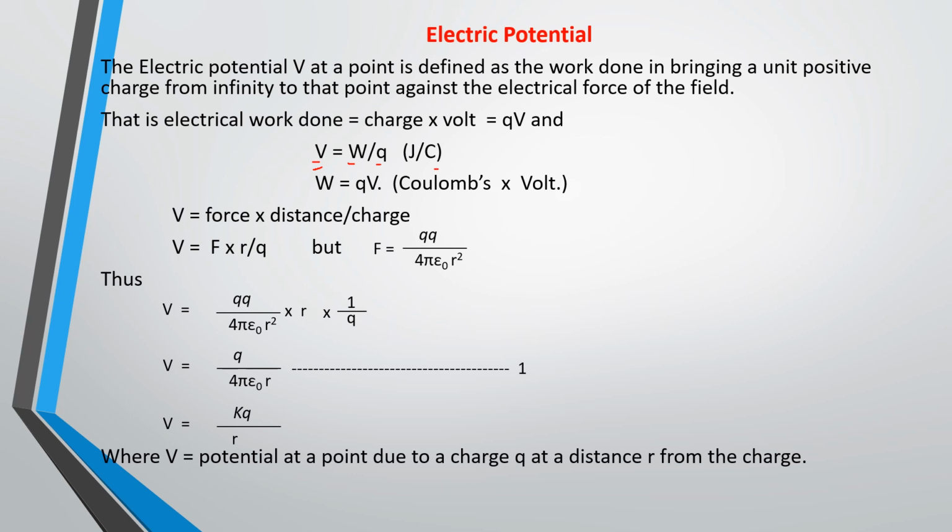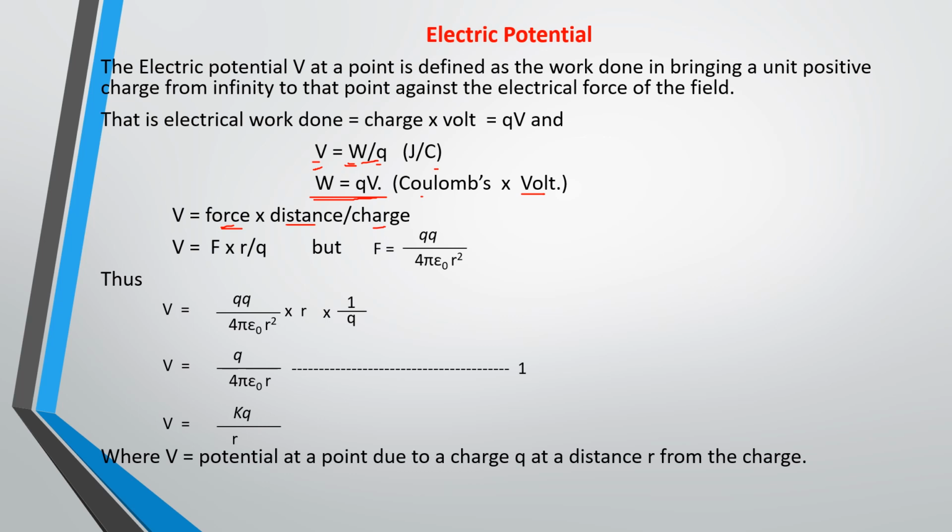So work done is equal to Q times V, which is Coulomb times volts, and V is equal to work done all over charge. Now we know that work done is equal to force times distance. So if we put it into this particular equation, that will now be force times distance all over charge.